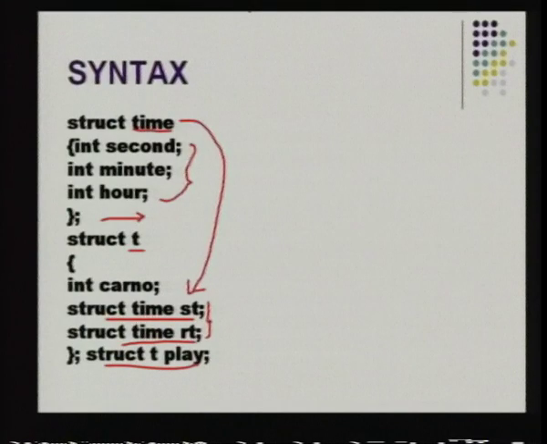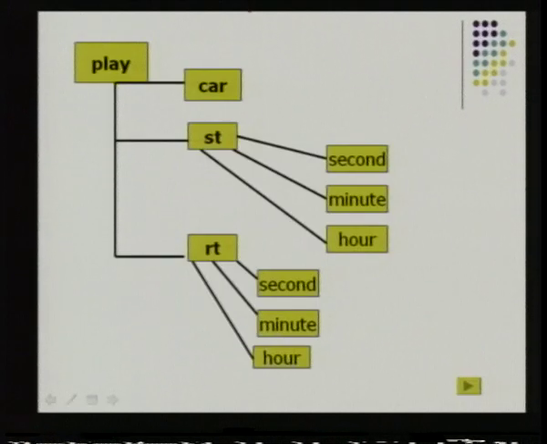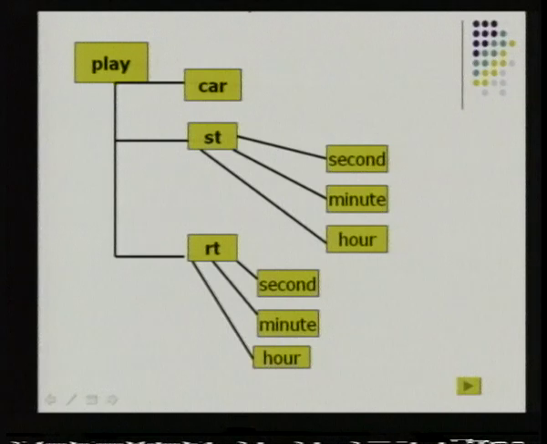So, struct T play. Play is a structure variable for a structure of type T. This is how the compiler identifies the distribution of the values of this structure. You first have play, which is the main structure variable. Inside play, it has direct access to the variable car number, to the variable st and to the variable rt.